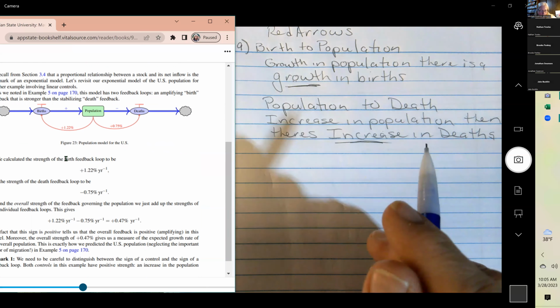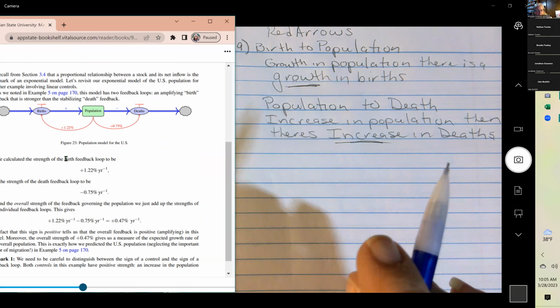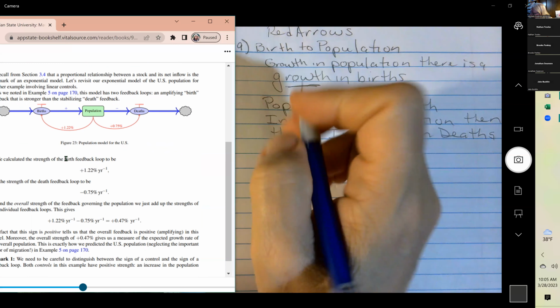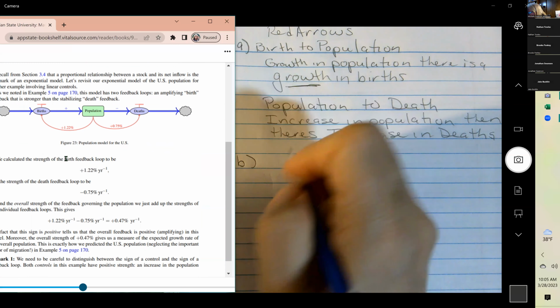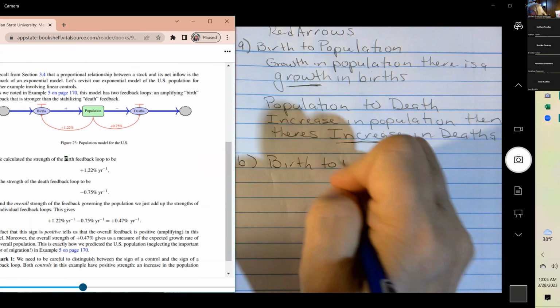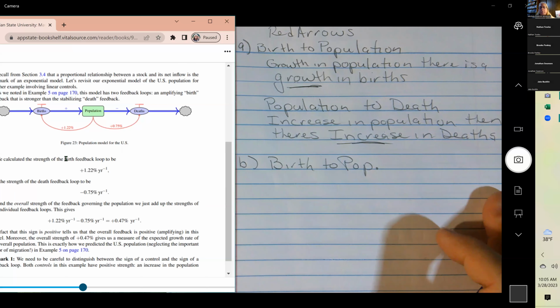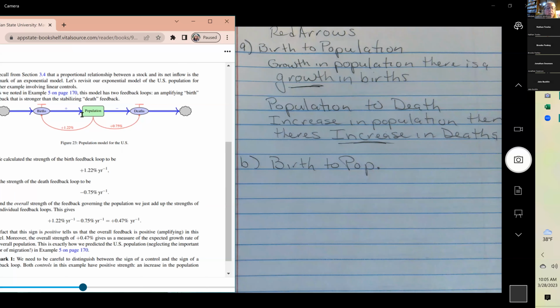Part B, the strength of each feedback loop and if amplifying or stabilizing. So if we do the birth to population feedback loop first, it's this loop.